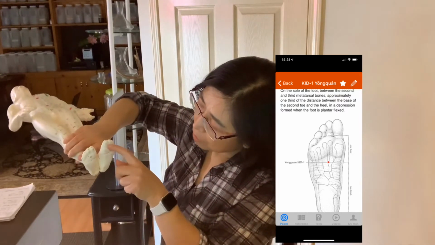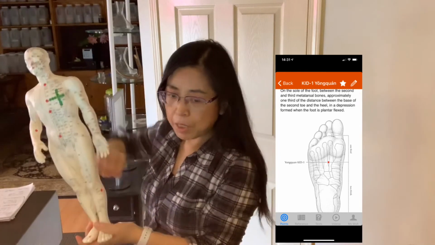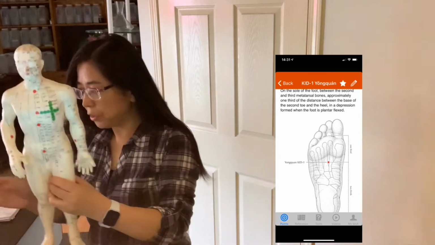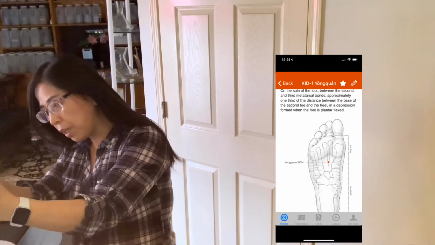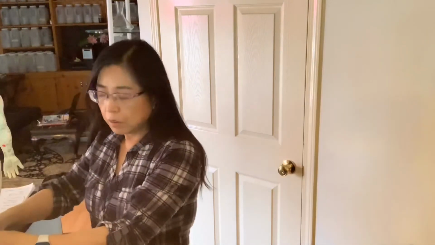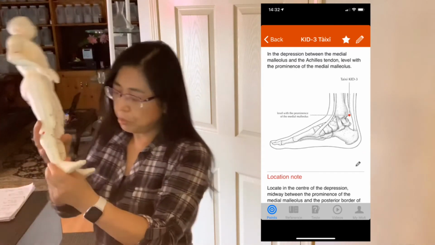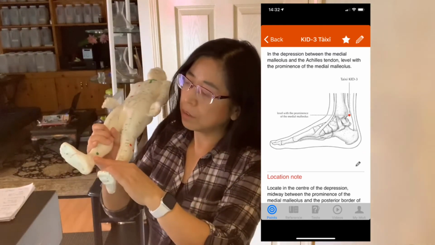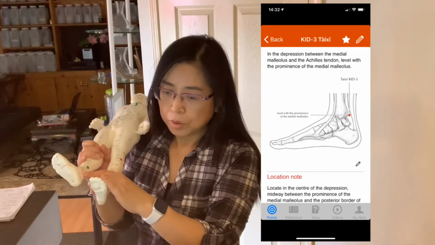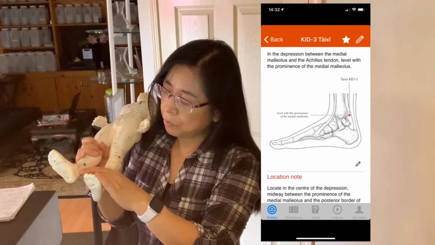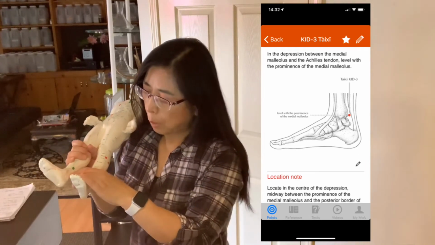One third down from the base of the 2nd toe, in the depression formed when the foot is plantar flexed. Okay. And kidney 3 is on the medial side of the lower leg, posterior, midway between the medial malleolus and the Achilles tendon.